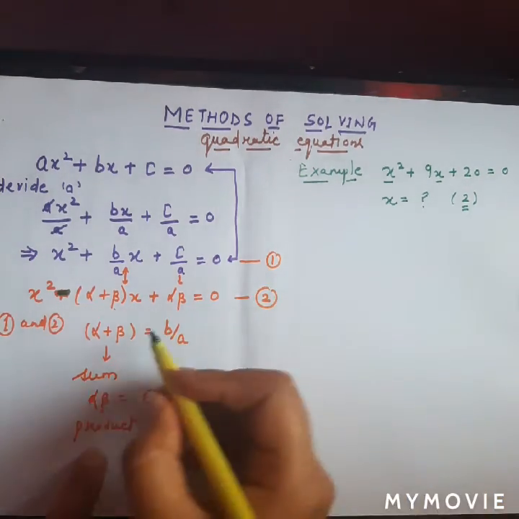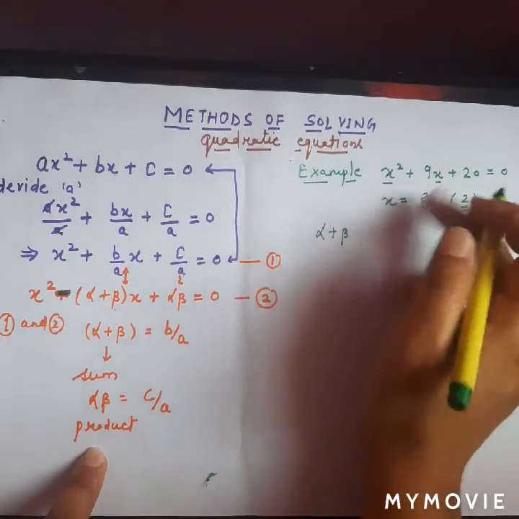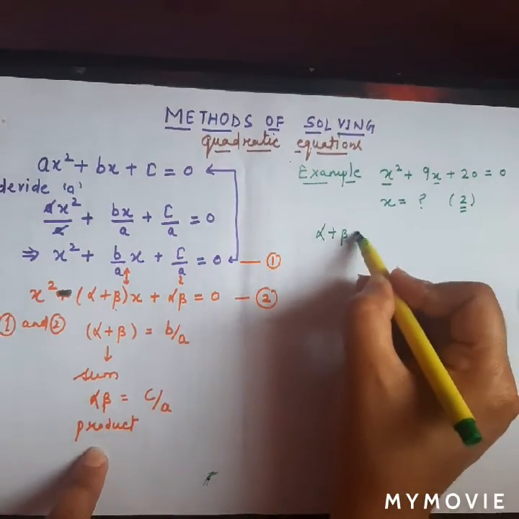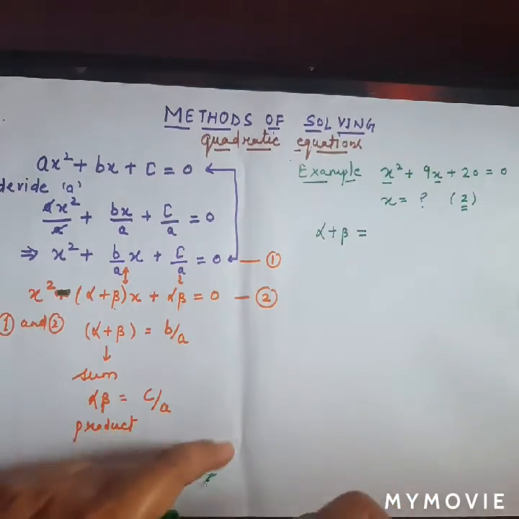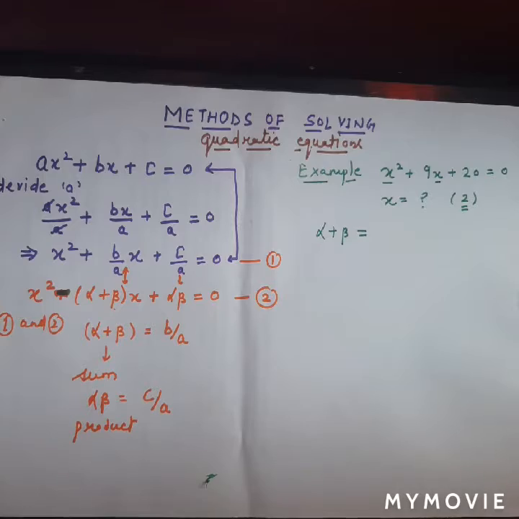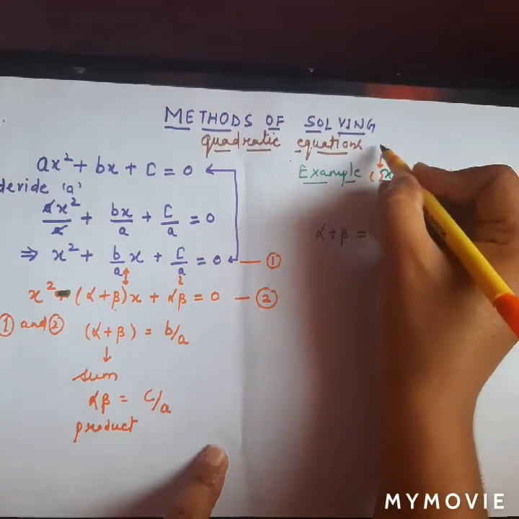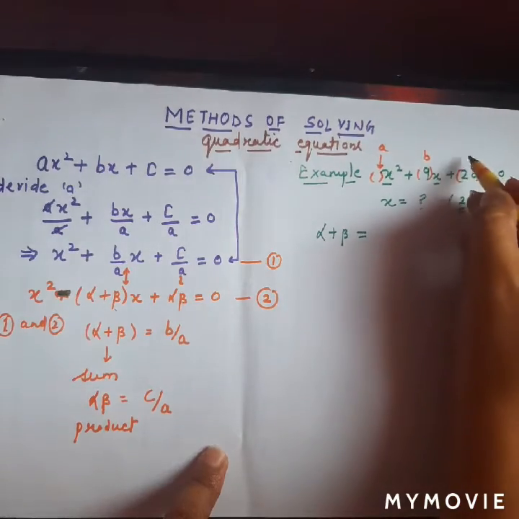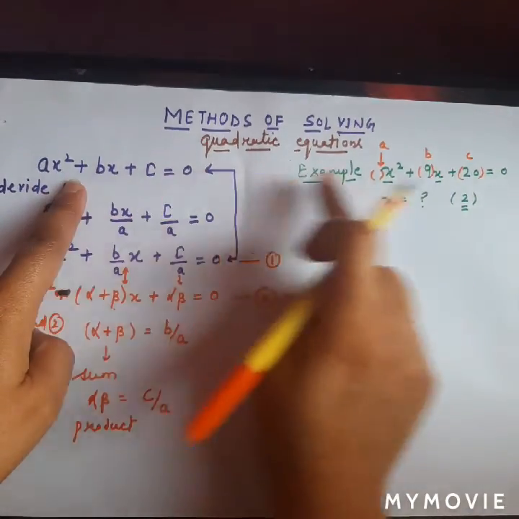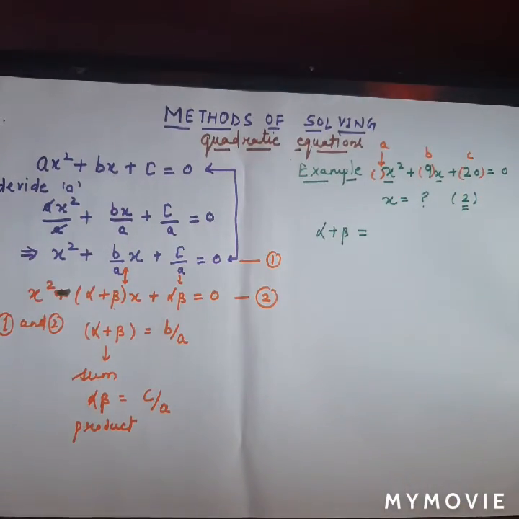First of all, the sum of the roots. Let alpha and beta be the roots of this equation, and the sum of the roots will be b upon a. In this equation, this portion is a, this portion is b, this portion is c. When you compare both of these two equations, you are left with this.